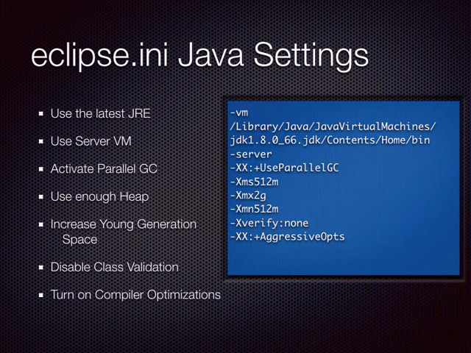Of course, enough heap, that's clear, but not so clear is to increase the young generation space of the heap. Why? Because during compilation, Eclipse will create many small, short-living objects. They are placed first in the young generation.